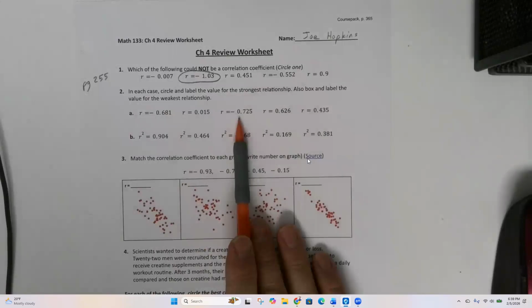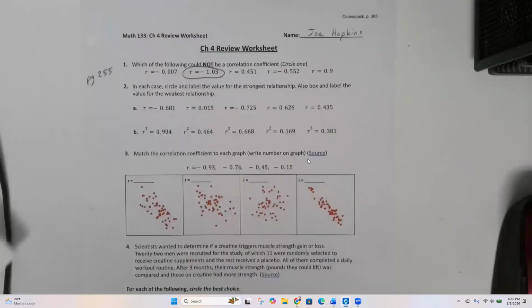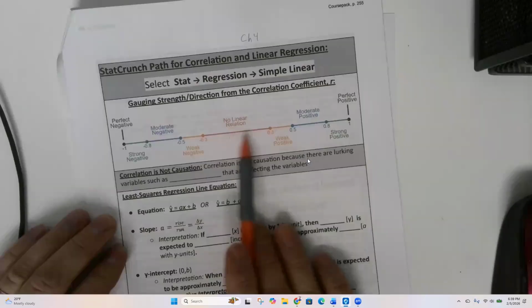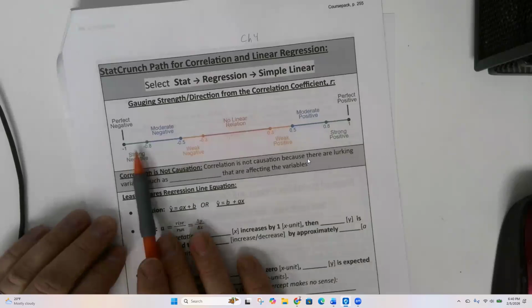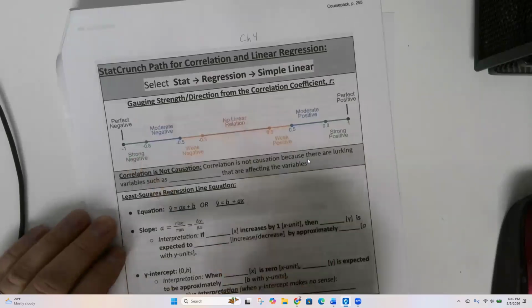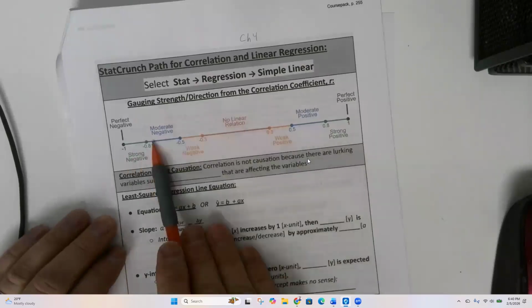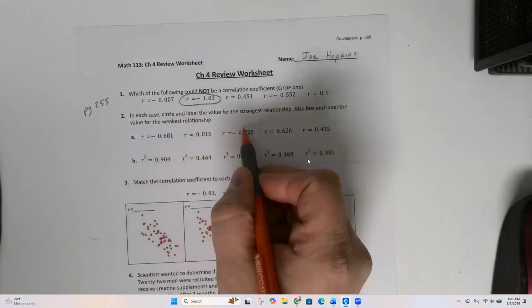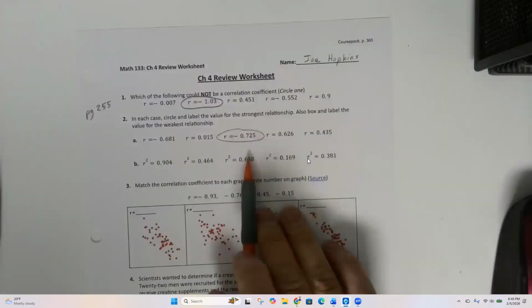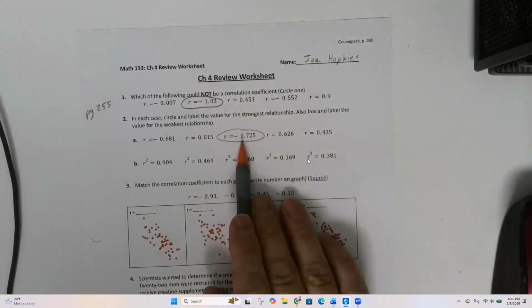This one's negative, but that's okay. The closer it is to 1 or -1, the stronger the linear relationship. So -0.75 would land right around here, which is a moderate negative. So basically, ignoring the sign, which one is the biggest? This one is the biggest.